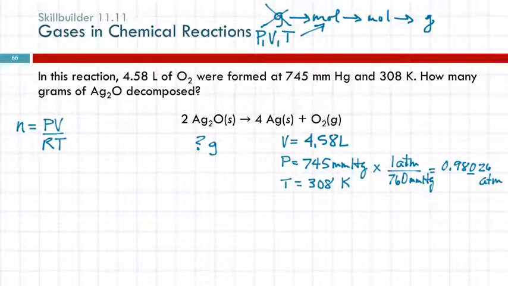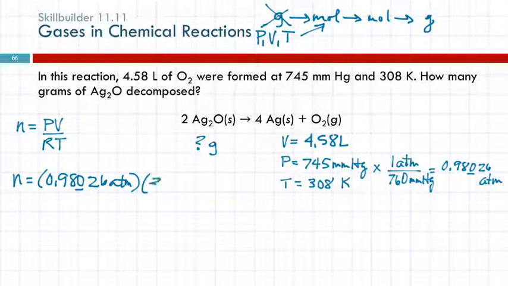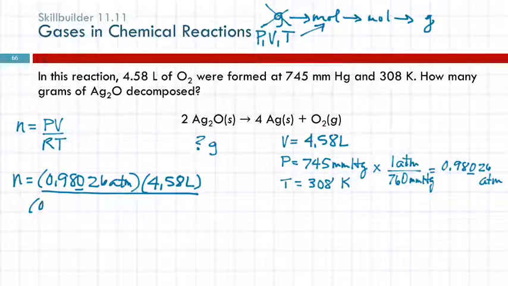So, number of moles equals the pressure, 0.98026 atmospheres, times the volume, 4.58 liters, divided by R, 0.0821 liters times atmospheres divided by moles times Kelvin, and the temperature.